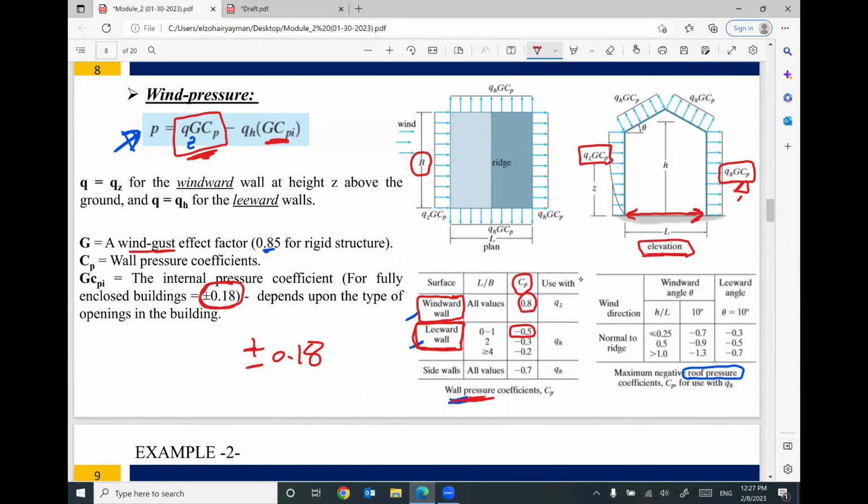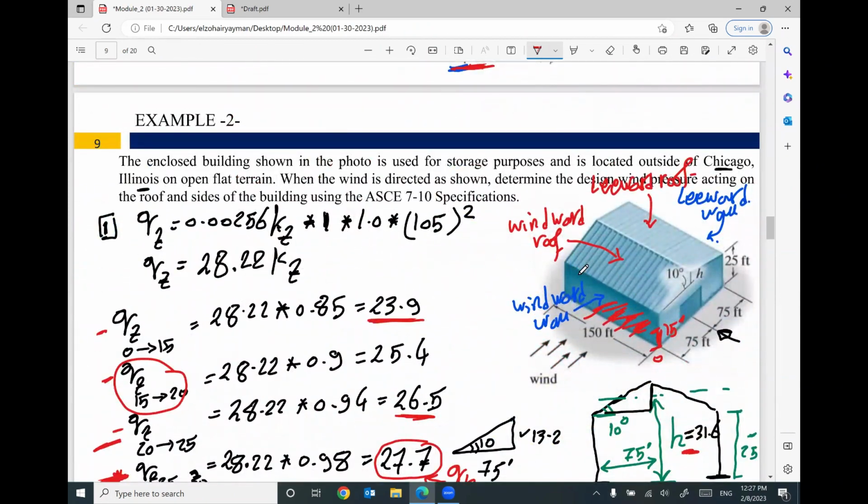In our problem, B equals 150 and L equals 150. This length is called L, and this length is called B, 150.